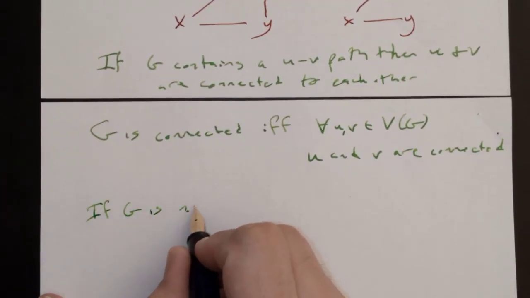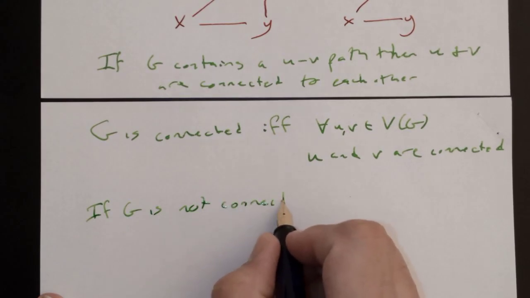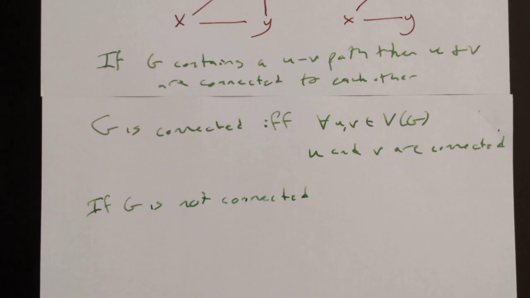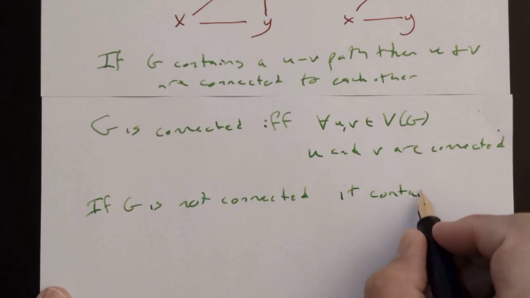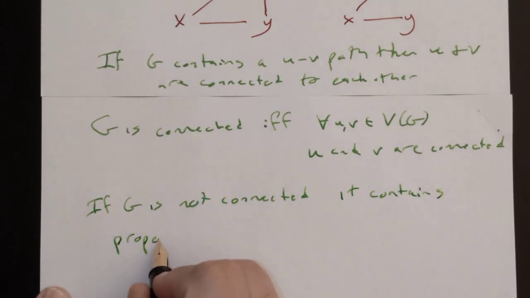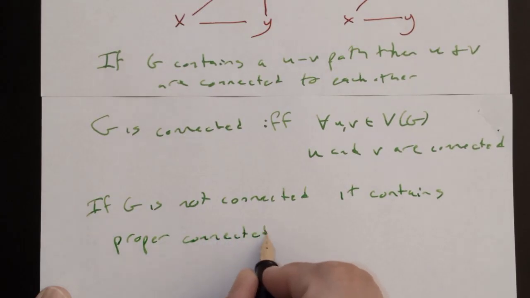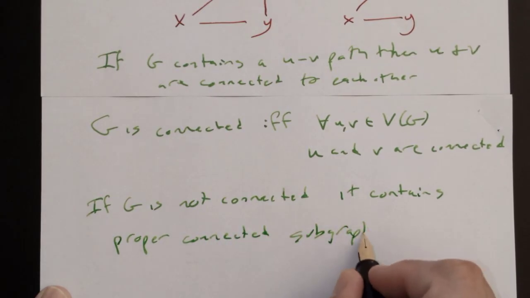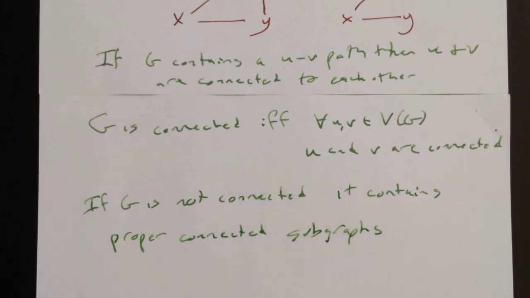If G is not connected, then it's multiple blobs. And each blob would be a connected piece, a connected subgraph that is not part of any other connected subgraph is called a component.